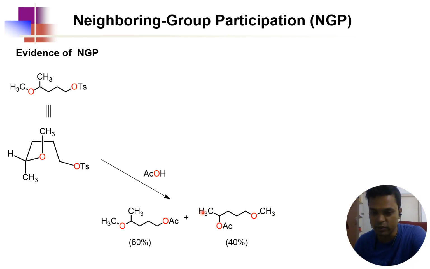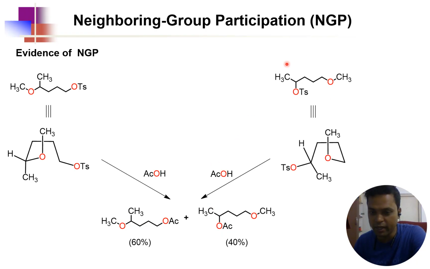This is very interesting, because the methyl group seems to have migrated over there. It is not like that. I will show you the mechanism finally, then you can understand. If you take another isomer, here you can see the OTS was away from this methoxy, this methyl.